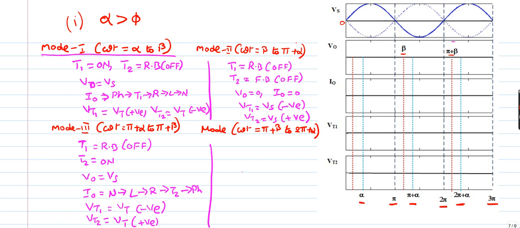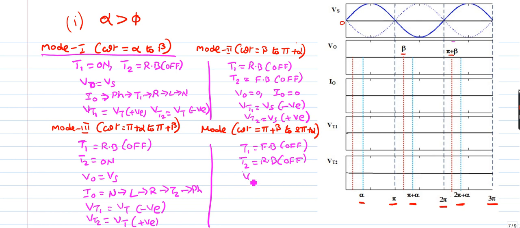Similarly, mode 4, at pi plus beta, the current flowing through T2 becomes 0. Already at 2 pi, reverse voltage is applied to T2, so T2 goes to reverse blocking, so that off state. So T1 will be in forward blocking, still off state.